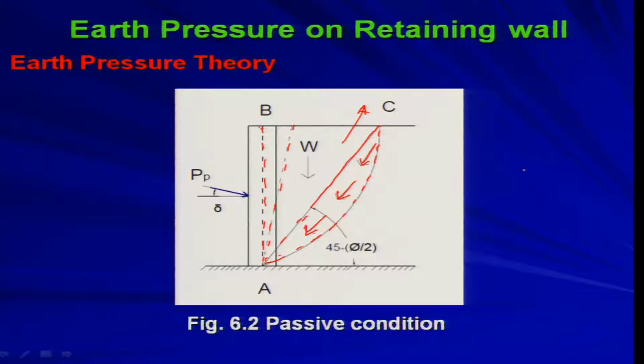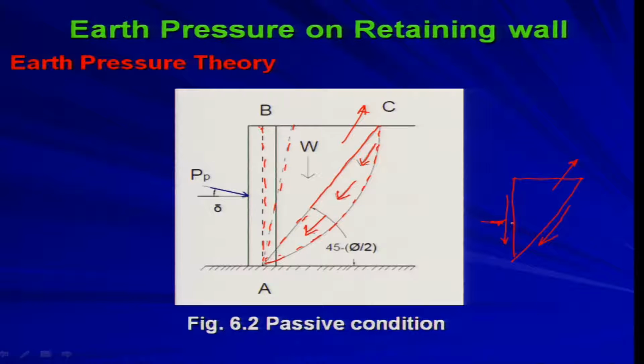You are pushing this wedge, and it will try to move in the upward direction. This is the direction of movement, and you will get the shear resistance developed at the interface like this. So you get the free body diagram of this wedge like this.